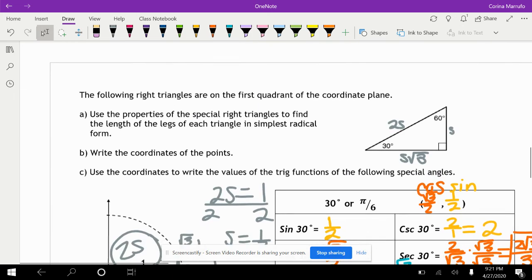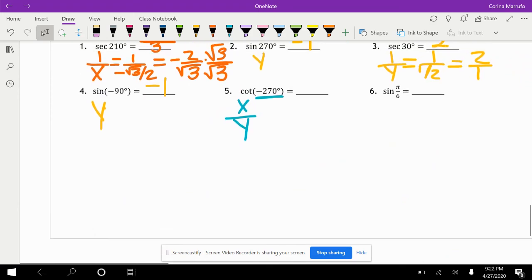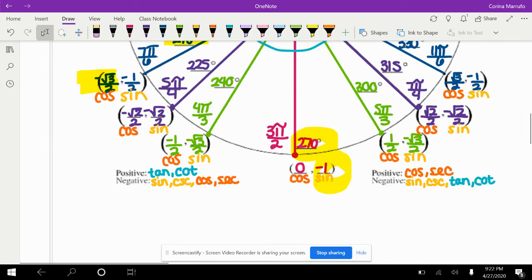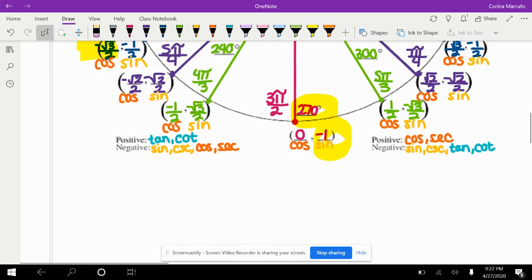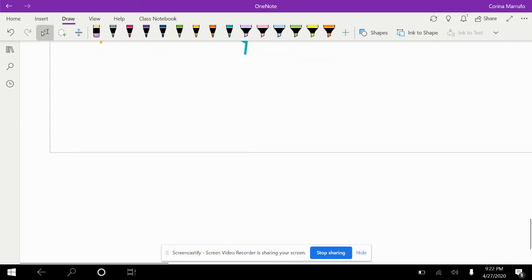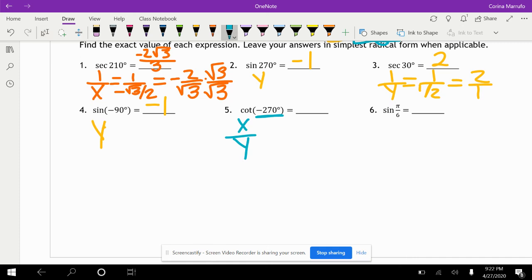And then I already forgot what we were looking for. Cotangent. So we need our x and our y value, both of them. So our x value is 0 and our y value is 1. So 0 divided by 1 gave us 0.